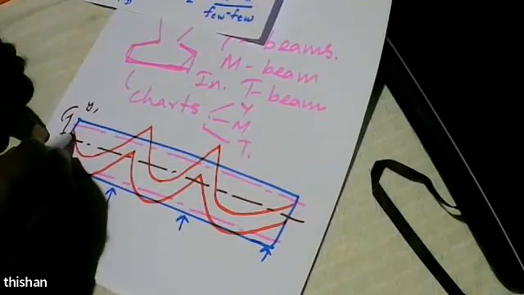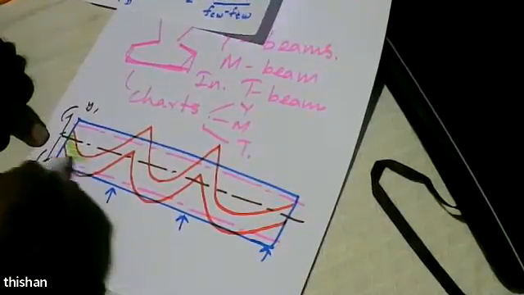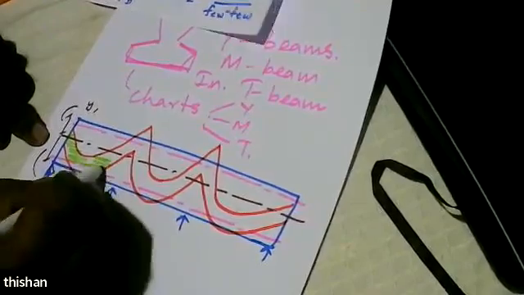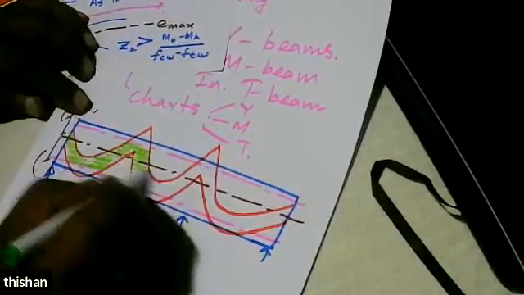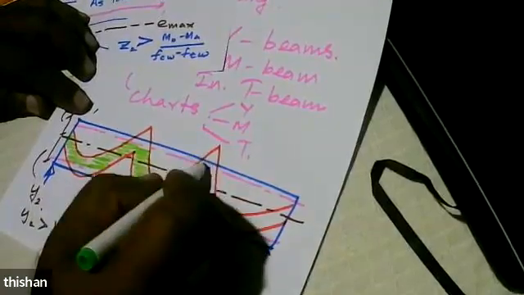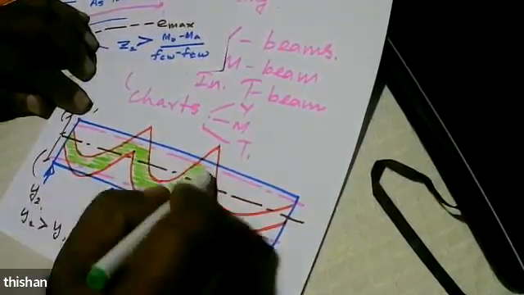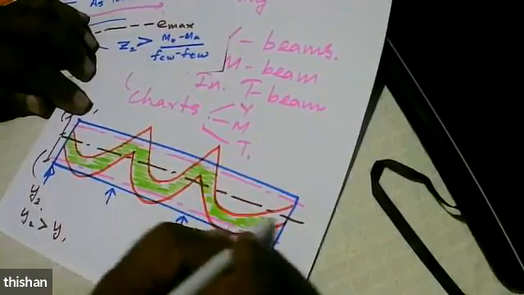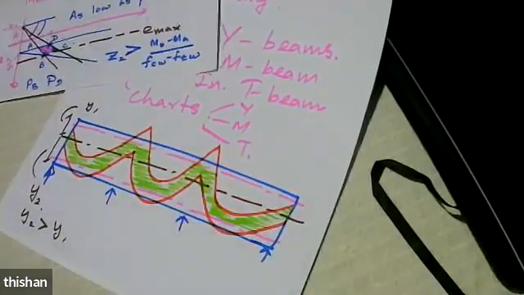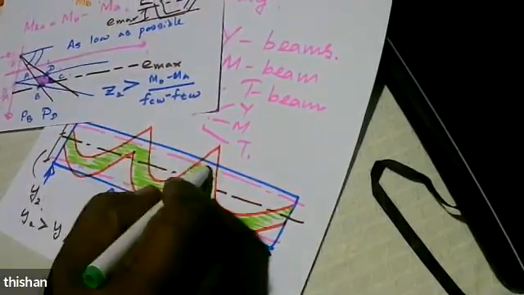So the feasible region will be only this. That will be the feasible region.